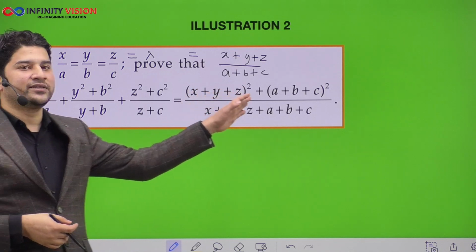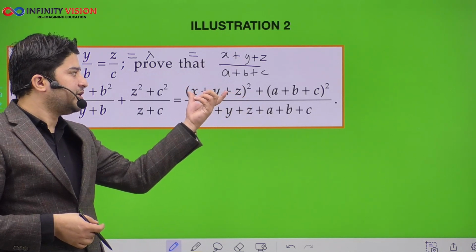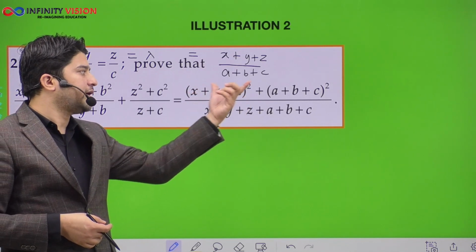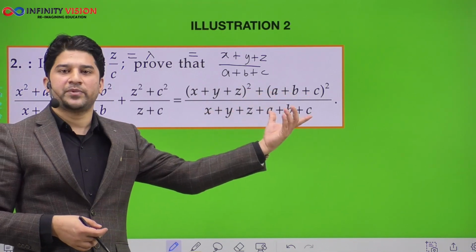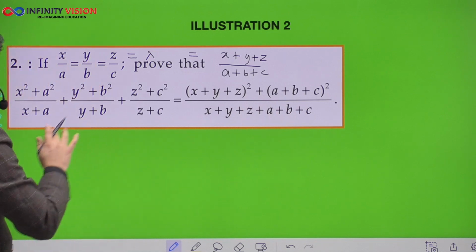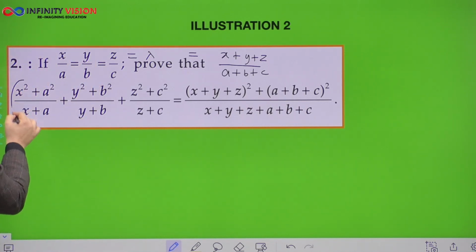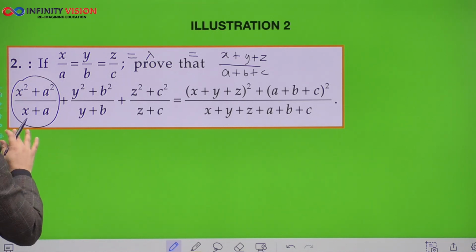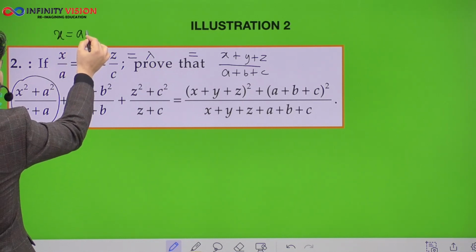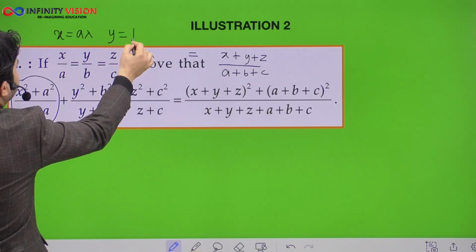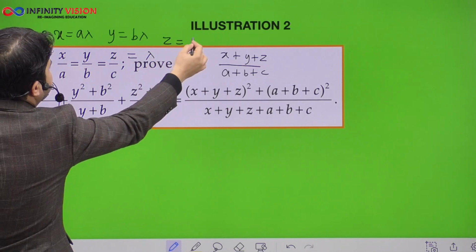Because on the right hand side you see the same symmetry, that (x plus y plus z) whole square plus (a plus b plus c) whole square upon (x plus y plus z plus a plus b plus c), right? Now coming to the left hand side, the first fraction. This is your first fraction and it is written x square plus a square. So I can write my x as a lambda, y as b lambda, and z as c lambda.